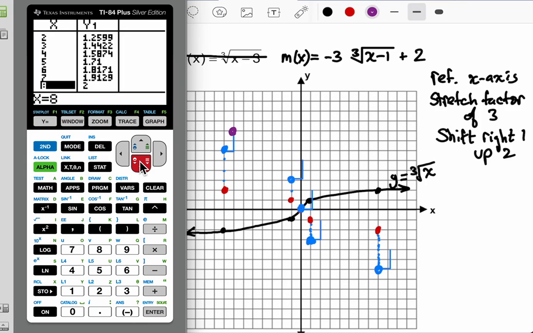So new point here, here, here, here, and here. Connect it with a smooth curve, and you have your graph. Then that would be our m of x.